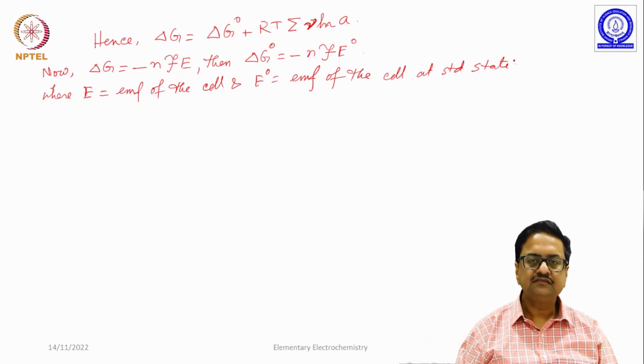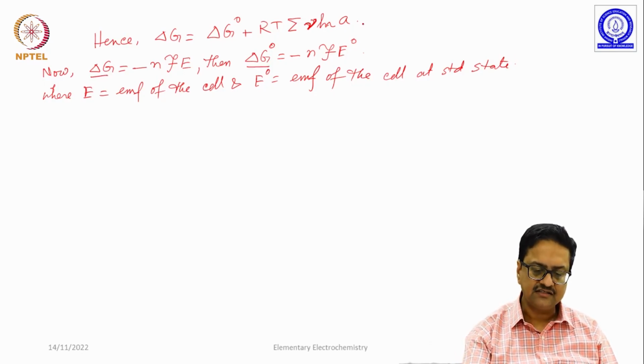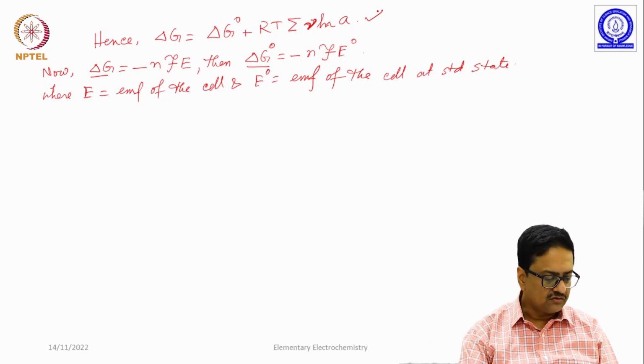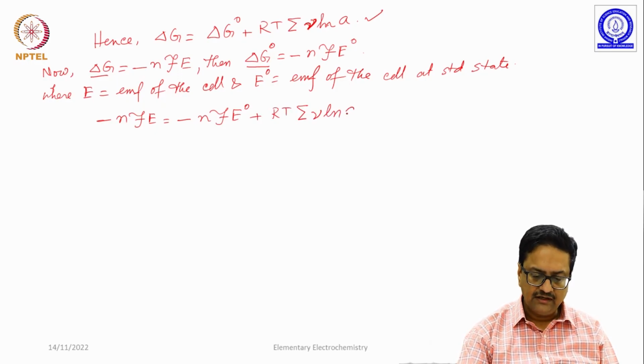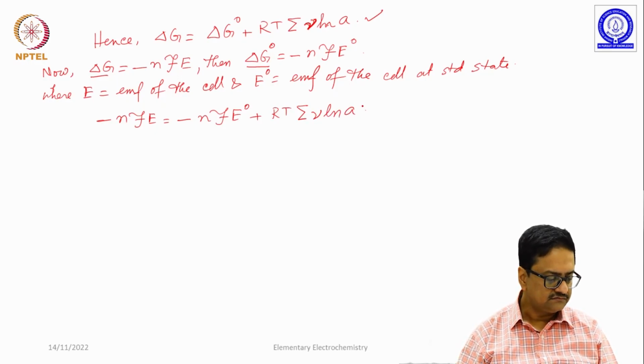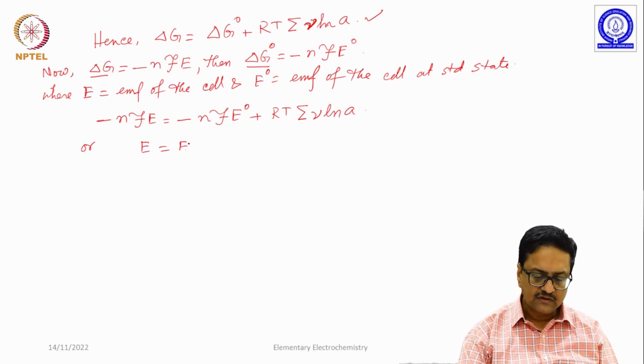So if we replace these values for delta G and delta G0 in this equation, one can write that minus nFE equal to minus nFE0 plus RT sum over nu ln a, or E equal to E0 minus RT by nF sum over nu ln a.